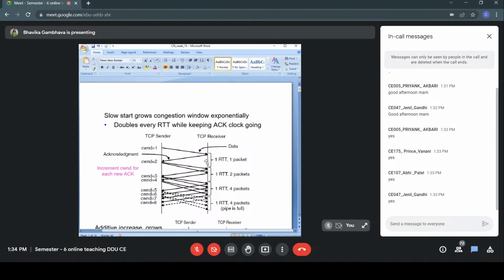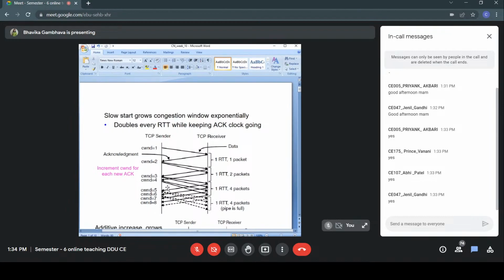So here actually, after 1 acknowledgement, it will be incremented by 1. So if you send 4, let us say congestion window is 4. So we have sent 4 segments. When you get 4 acknowledgements, you will not actually wait for 4 acknowledgements and then make it double. On arrival of each acknowledgement, you will make it 5, 6, 7, and 8, and so on.